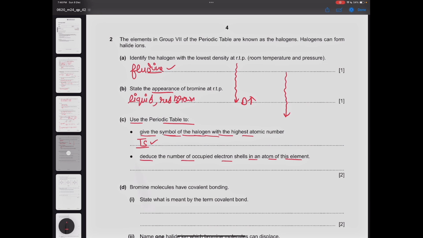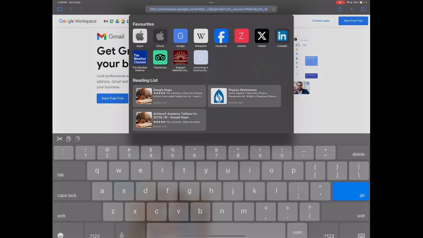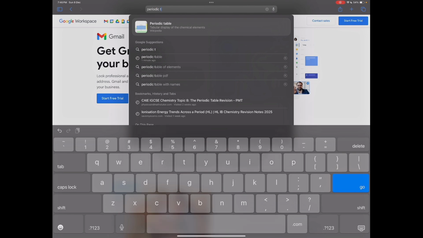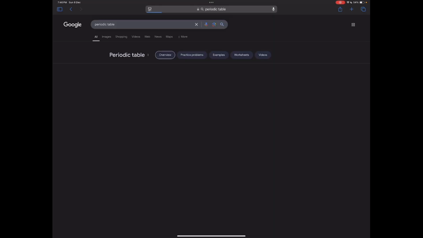So the number of shells occupied is 7. Alright. Valence electrons are given by the group number, but the number of shells occupied will be given by the period number. Alright. Let me also show it to you. One minute. So let's search periodic table.